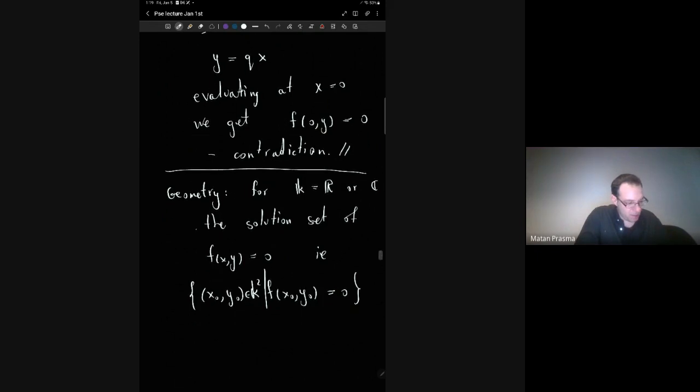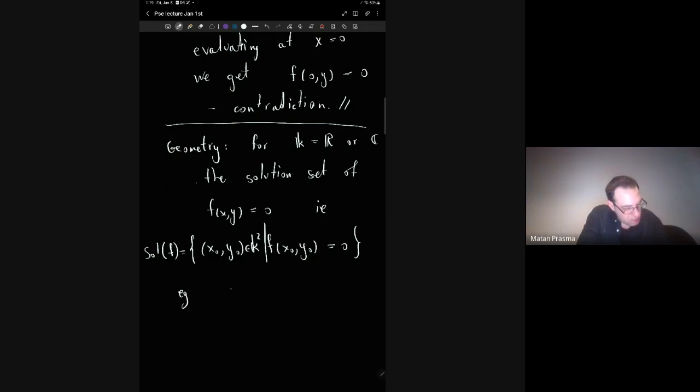And the solution set of a polynomial over the real numbers, for example, has a geometry.